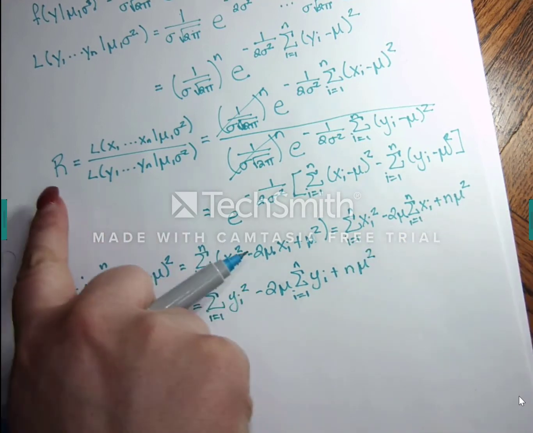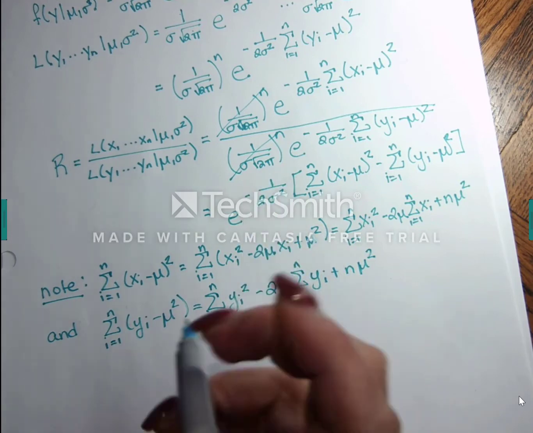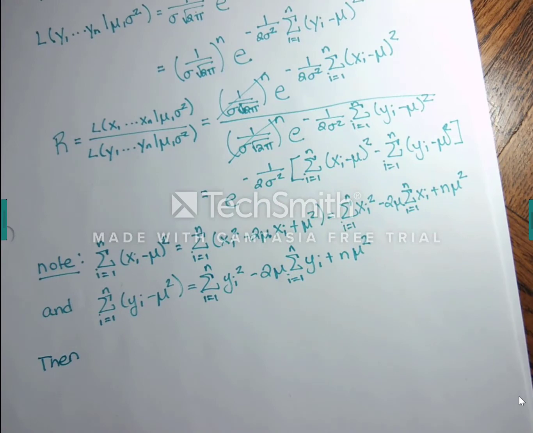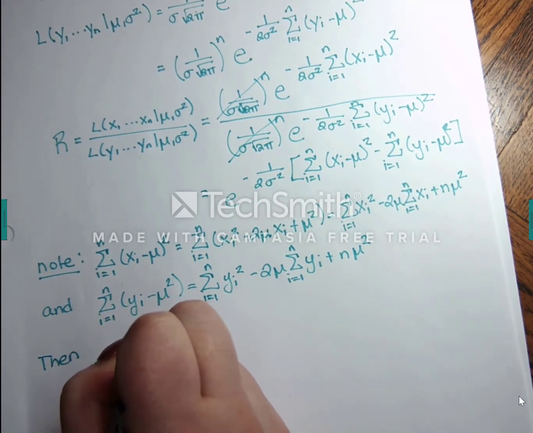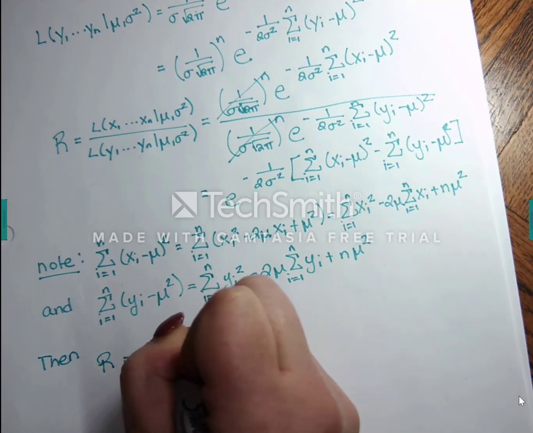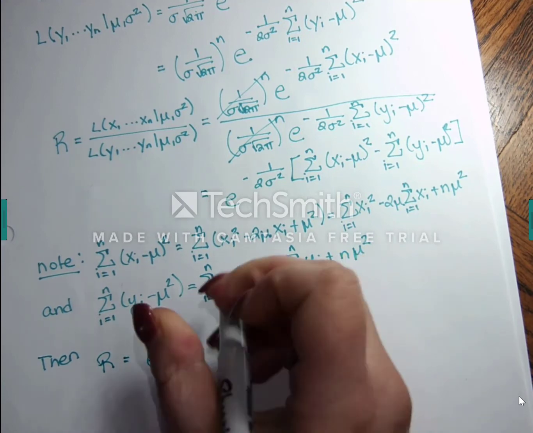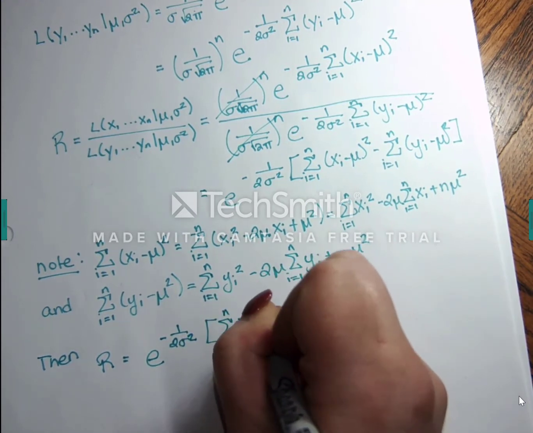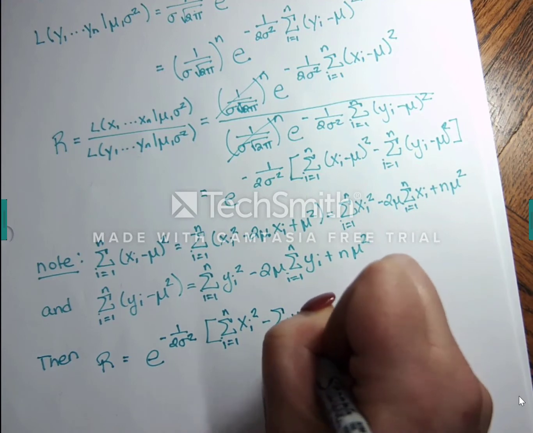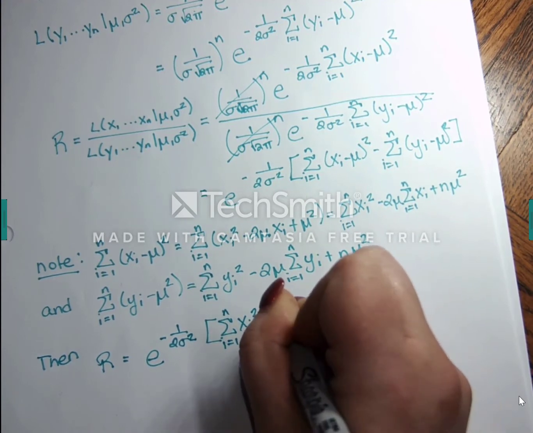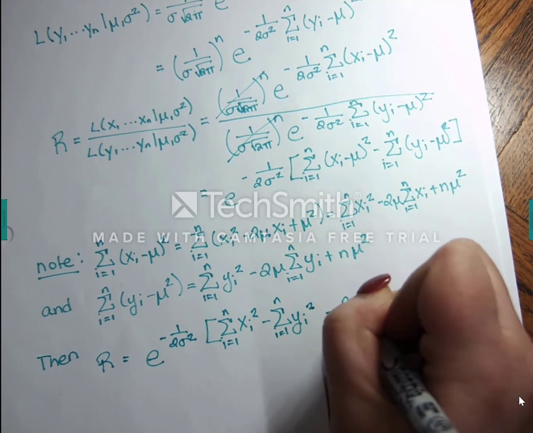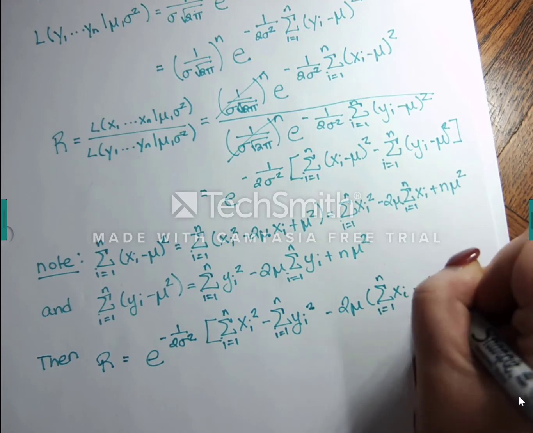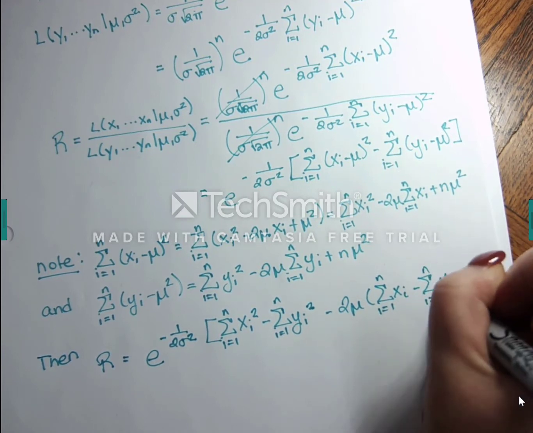So what this tells us, if we recall what r was equal to up here, is that r is going to be equal to e to the negative 1 over 2 sigma squared times the sum i equals 1 to n xi squared minus the sum i equals 1 to n yi squared minus 2 mu times the sum i equals 1 to n xi minus the sum i equals 1 to n yi.